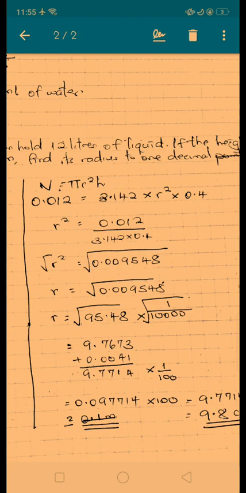So I have 0.009548, and remember what you are taught when you are looking at square root. When it comes to square root, write your number in standard form in such a manner that the power of 10 will be an even number, divisible by 2.